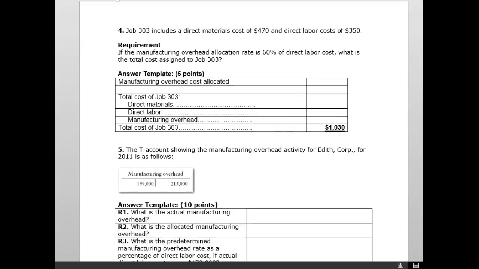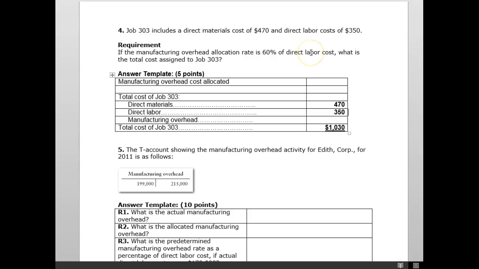Let's look at 4. 4 is kind of unique and kind of fun, I think. We're looking at job 303. It has direct materials of 470 and direct labor of 350. So, boy, you can plug and chug that real quick. Right? 470. Direct labor is 350.